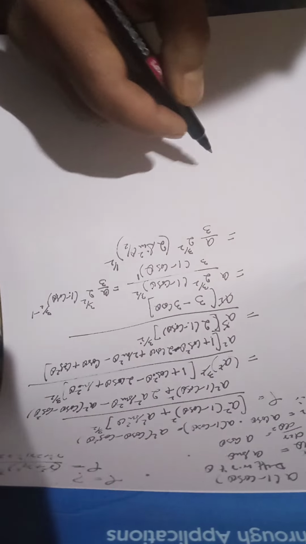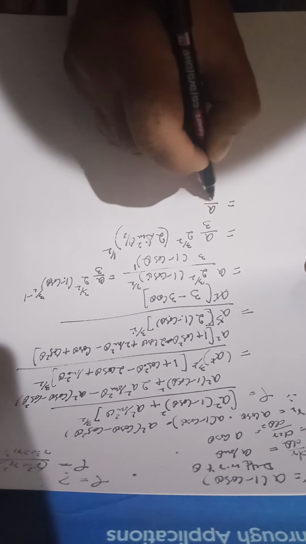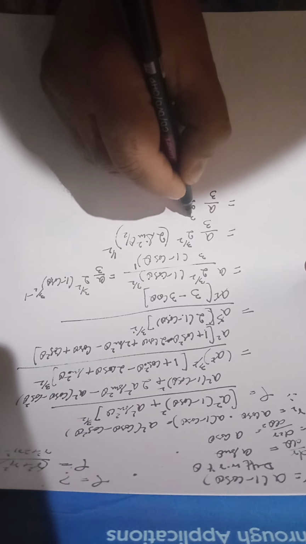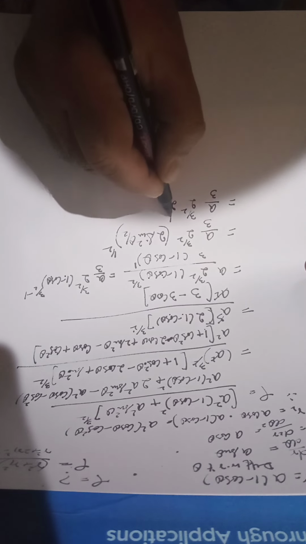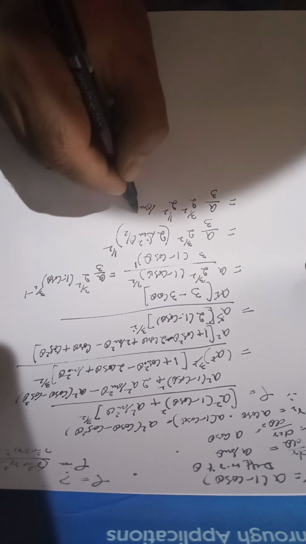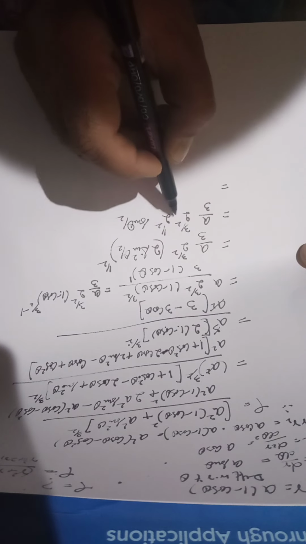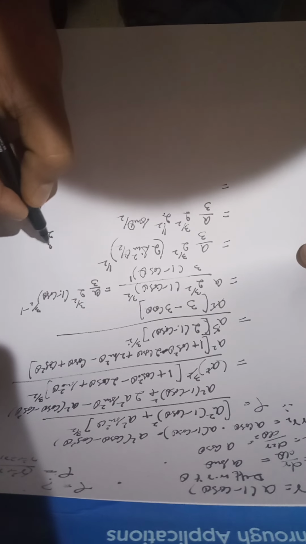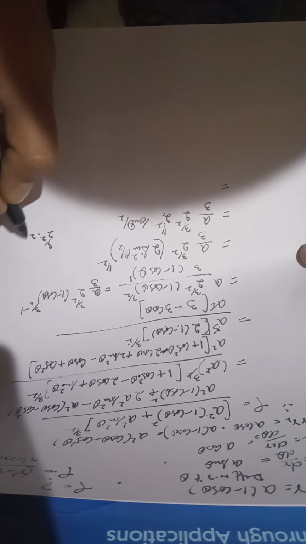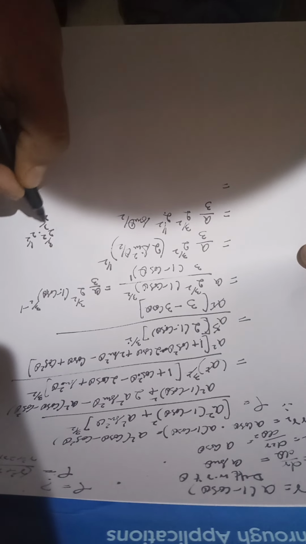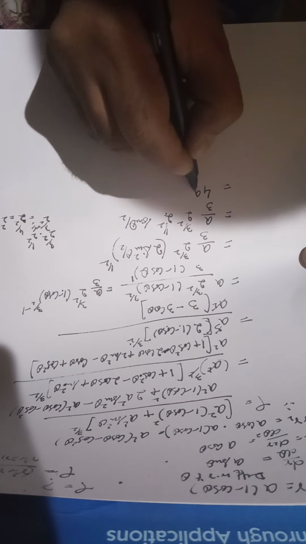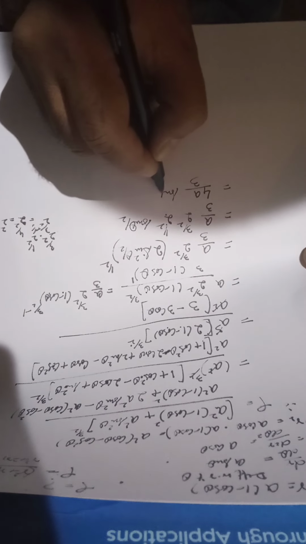Or you have a/3 · 2^(3/2) · 2^(1/2) sin(θ/2). So this is 2^(3/2) times 2^(1/2). Bases are same. This is 3/2 plus 1/2, it is 4/2, 2 raised power 2. So 4a/3 sin(θ/2).